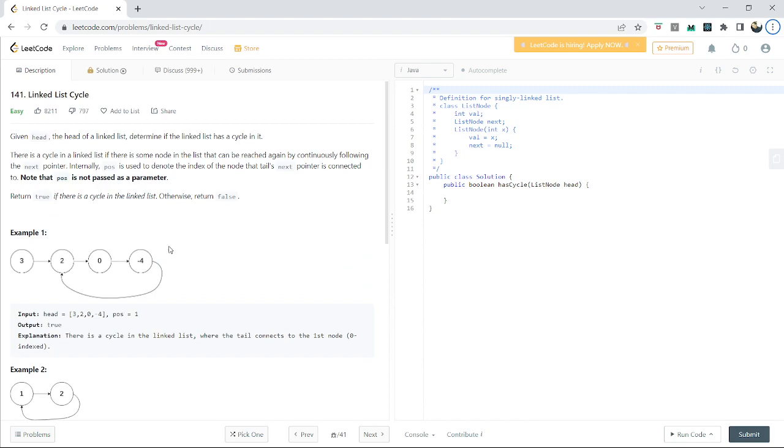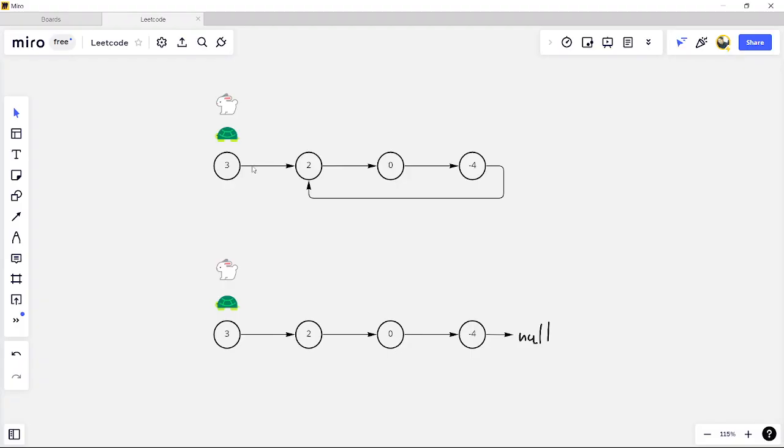So we can solve this problem using Floyd's hare and tortoise algorithm. What this algorithm says is that, as the tortoise is slower than the hare, let's suppose that the tortoise moves by one place.